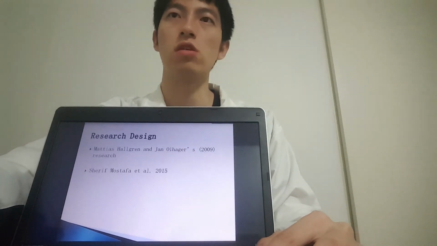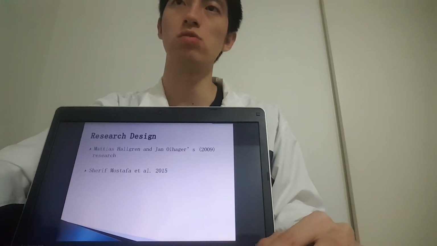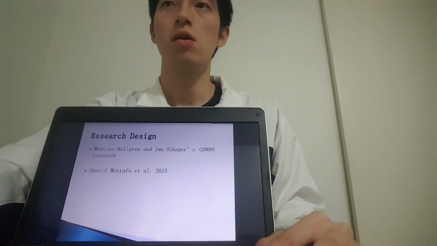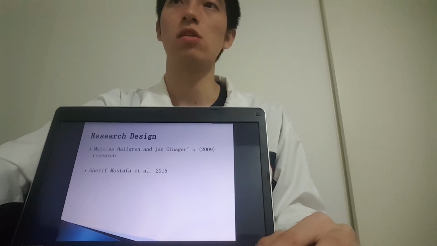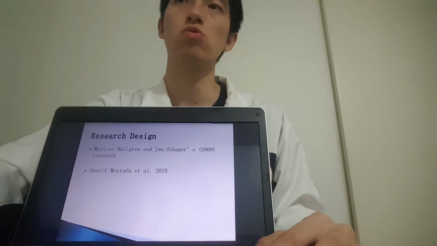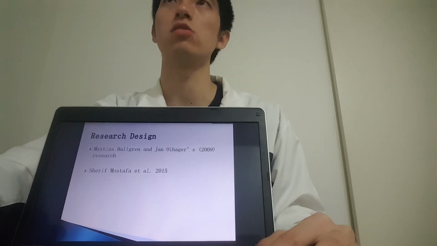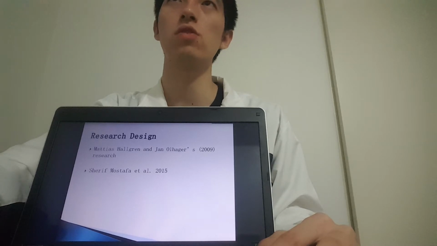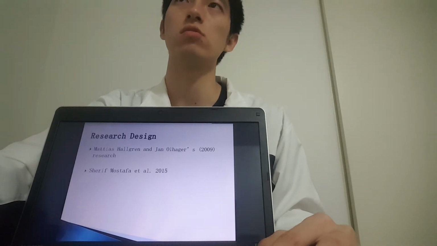My research design came from two research studies. First is from Hannes, Matthews, and James in 2009. The results indicate that lean and agile manufacturing differ in terms of drivers and outcomes.